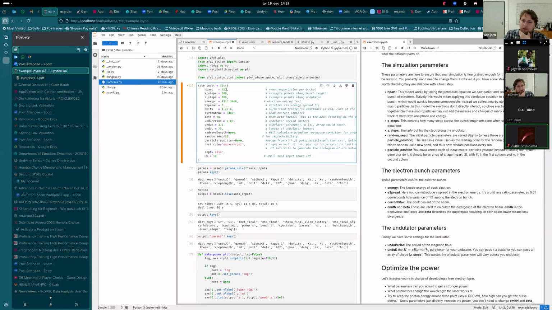But then there's these S steps and Z steps. The way the solution works is that we are stepping along the bunch in steps, there's like 200 steps along the bunch, and then we step along the undulator also.